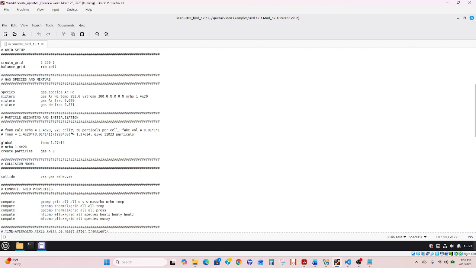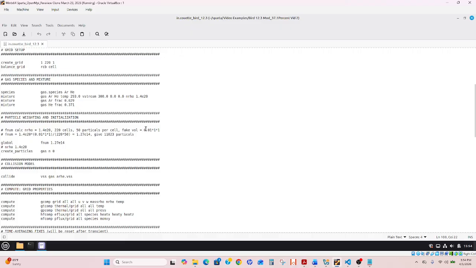You need these things. You need the nrho, which we know, we have 220 cells. We know we want 50 particles per cell. When I say our fake volume, that's because we don't really have a volume because we're in a quasi 1D state. It's always going to consider Z to be 1, and we actually have 1 in the Y direction, and then 0.1 is what we have in the X direction.